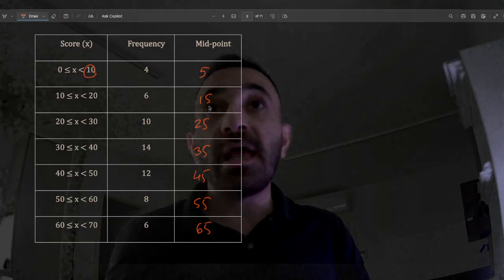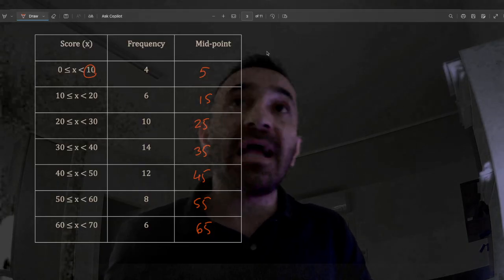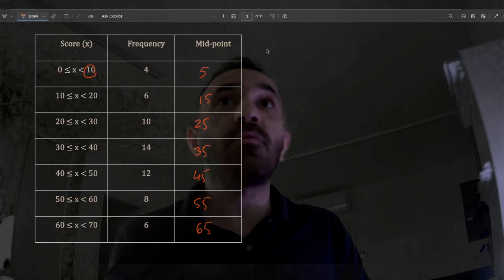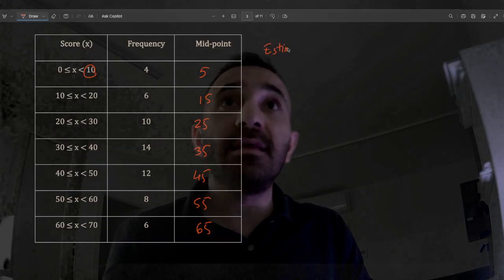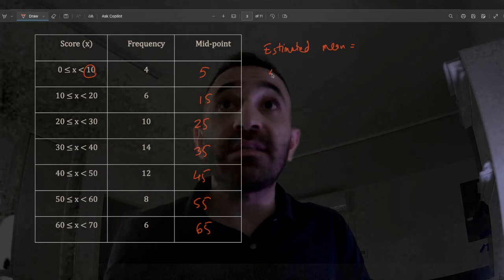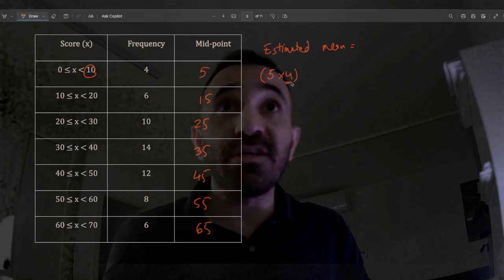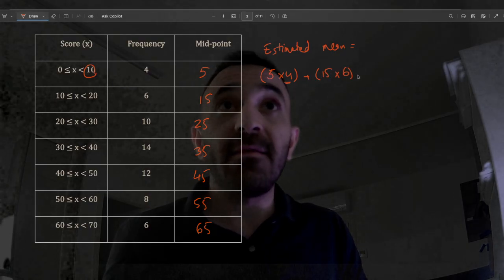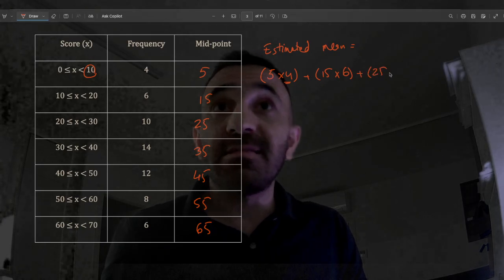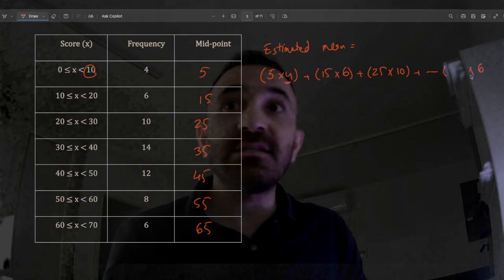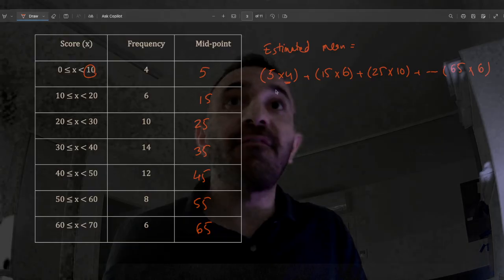Okay, now all I have to do is to copy and paste this table to the calculator and find the mean. If you want to do it manually or using the formula, this is the formula. So estimated mean equals, let's say, 5 times 4. 4 students, they got a 5, plus 6 students, they got a 15, plus 10 students, they got a 25, up until 6 students, they got a 65.